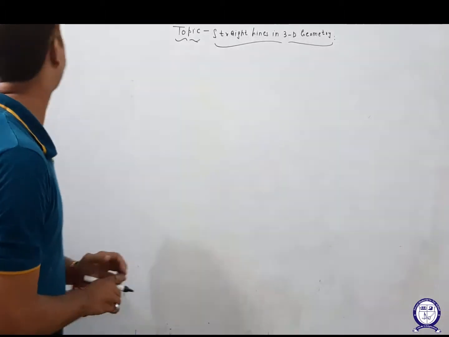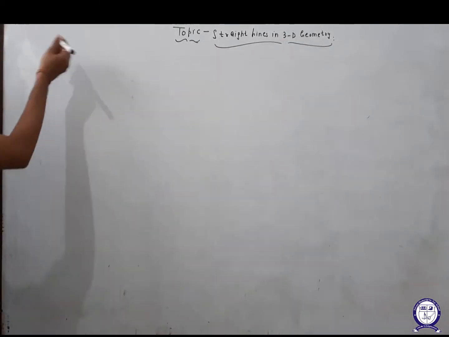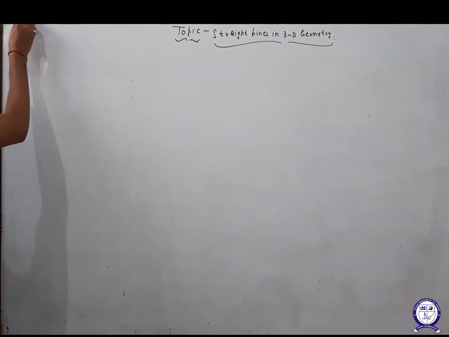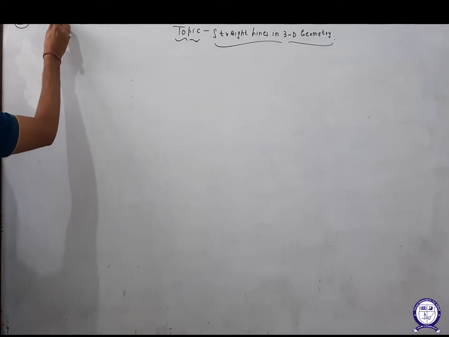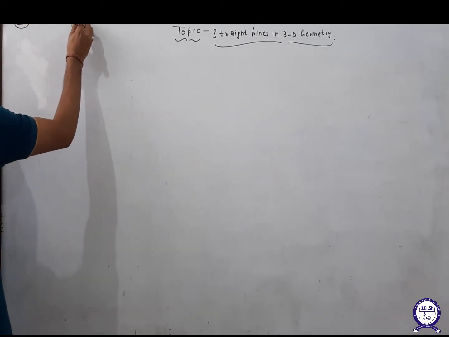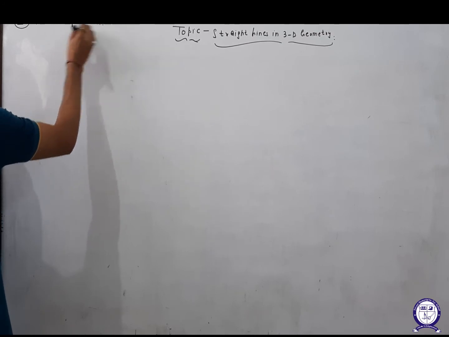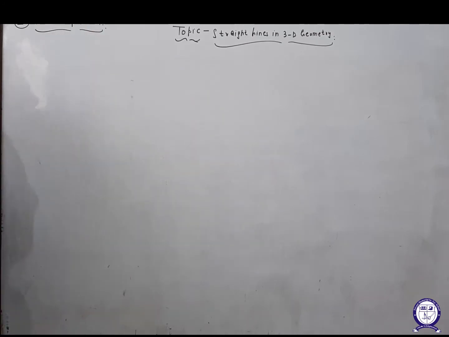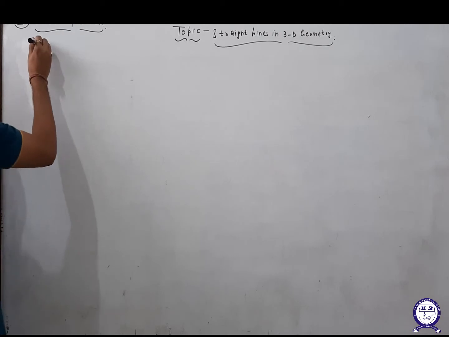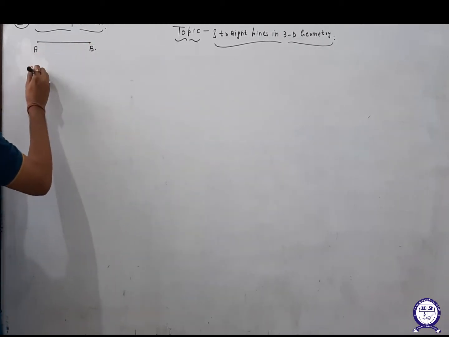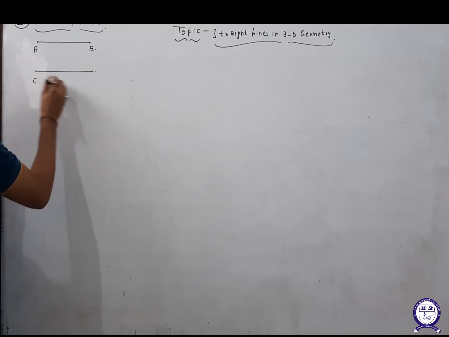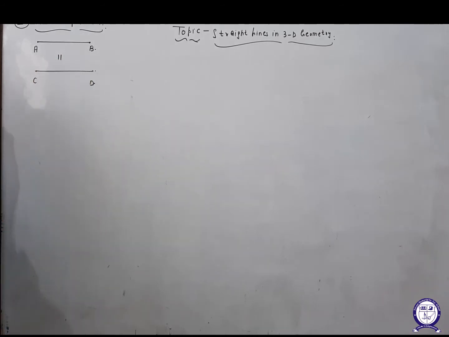Okay, let's start with some key points of straight lines. First, lines are parallel. We have two lines, AB and CD, parallel.